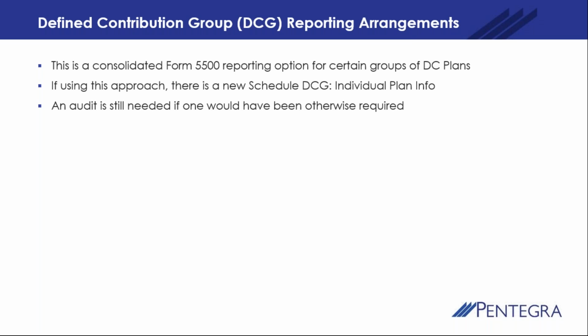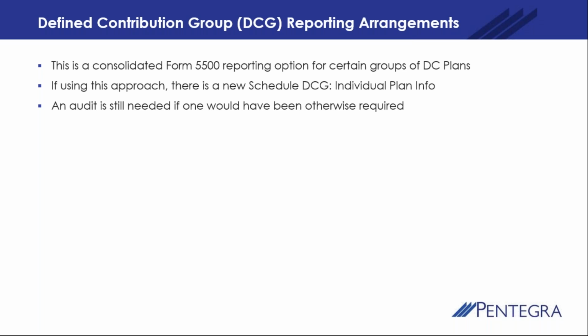For those of you who were paying attention to the original Secure Act, you may know these as groups of plans, or GOPs. That idea has now morphed into the defined contribution group, or DCG. If using this approach, there is a new Schedule DCG that I'll show you a sample of in just a moment.